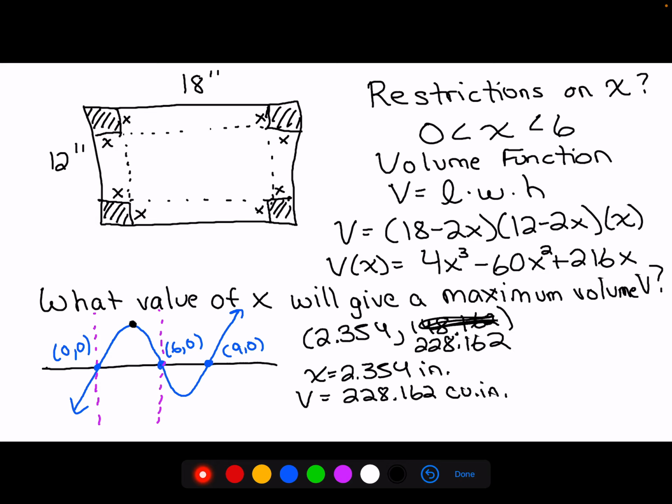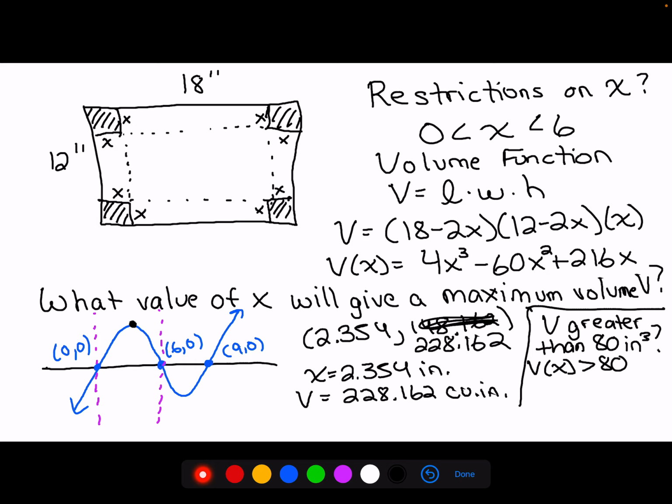Okay, so the graph change I had made is for the next part. For what value will the volume be greater than 80 cubic inches? So what I did is I thought about my volume function being greater than 80.